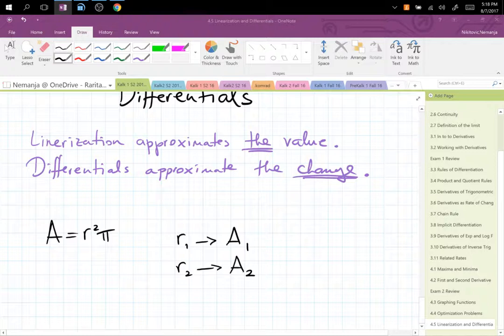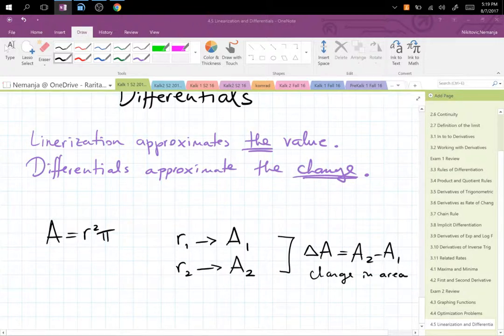But what I'm looking for is the change in area, which is A2 minus A1. That's known as change in area. So the new one minus the old one. It's delta A. So you see that R changed. There is a delta R involved, which is R2 minus R1. So what I want to use differentials for is to approximate this change. That's what I'm trying to figure out. So what kind of change? Delta Y change. That's what I'm approximating.